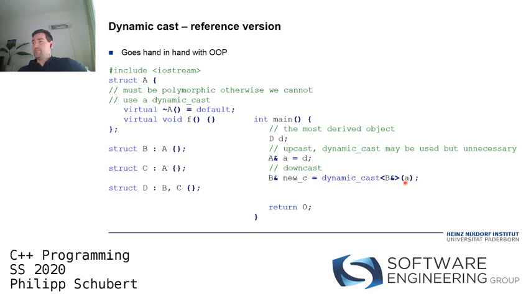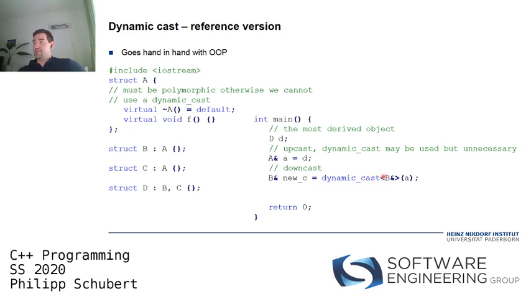So if the A ref here refers to something which is more concrete than A, in the sense that it is of type B, which D eventually is, so D is also B and C, that dynamic cast works perfectly fine.